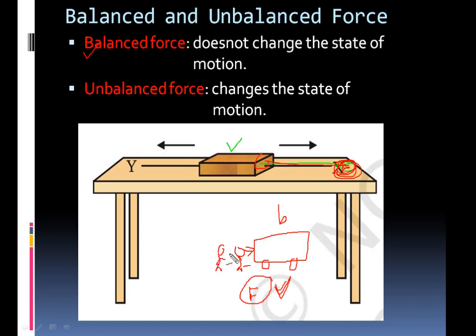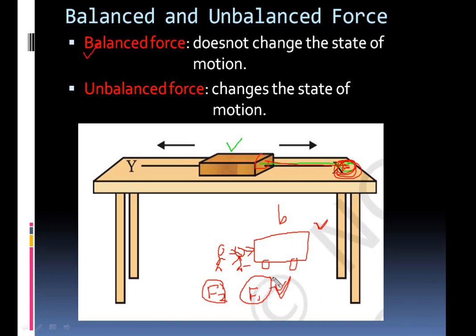These two persons are together trying to push the truck. Another person is again applying F amount of force, or suppose this is F1, this is F2. Even if the two forces are acting together to move the truck, still the truck is not moving.